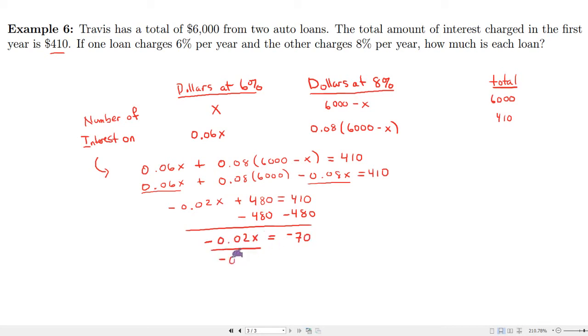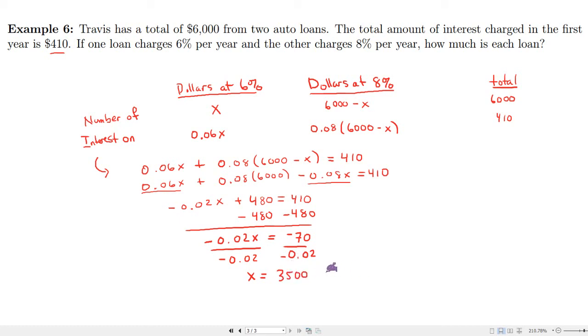So if we divide by negative 0.02, we have x equals, dividing this, 3,500.